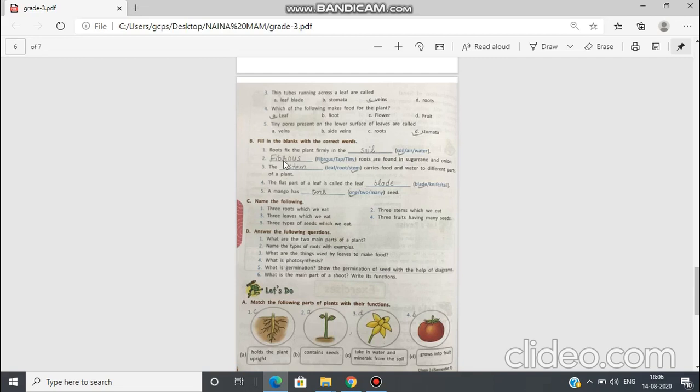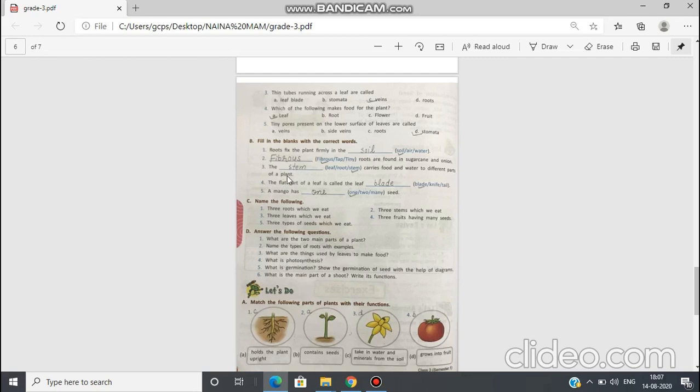Next, dash roots are found in sugarcane and onion. Which type of roots in sugarcane? Fibrous. Right. The dash carries food and water to different parts of a plant. Leaf, root or stem? Which carries food? Stem.